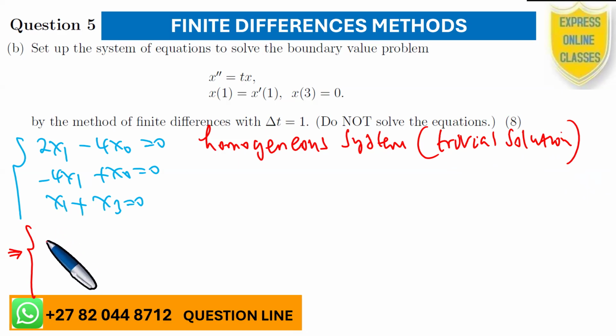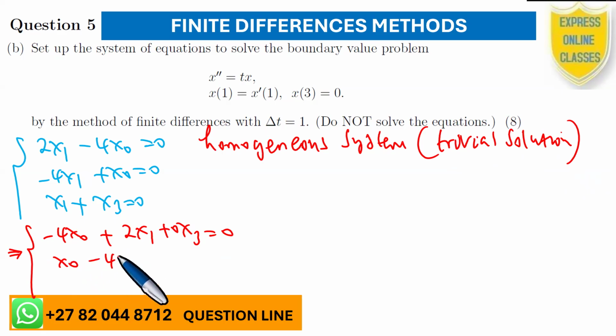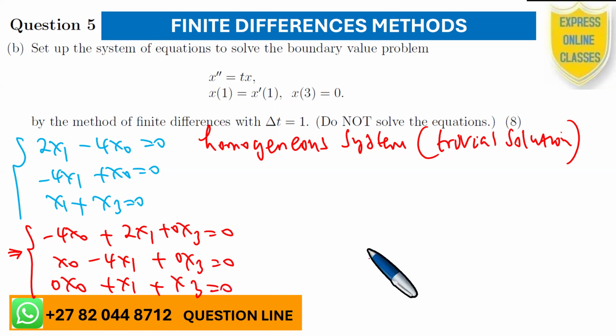Minus 4x0 plus 2x1 equals 0. x0 minus 4x1 equals 0. And x1 plus x3 equals 0.